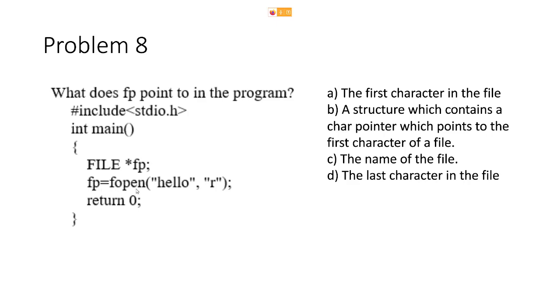Initially, when fopen returns, that pointer points to the first character of the file. That is logical, right? When you open the file, your pointer should be at the first character of the file.